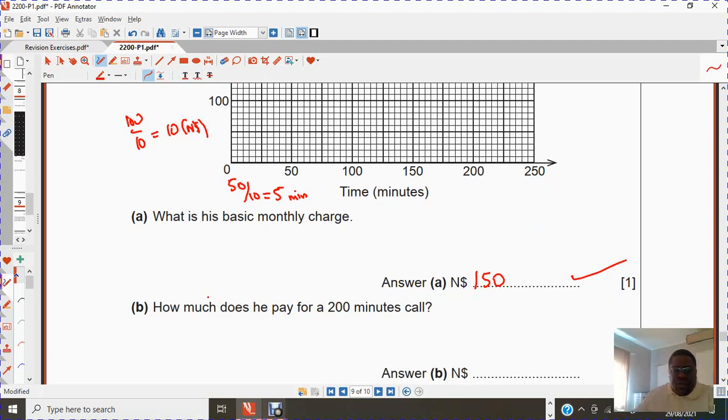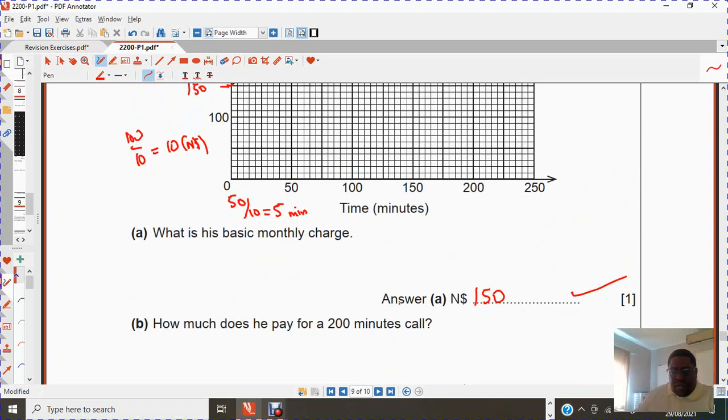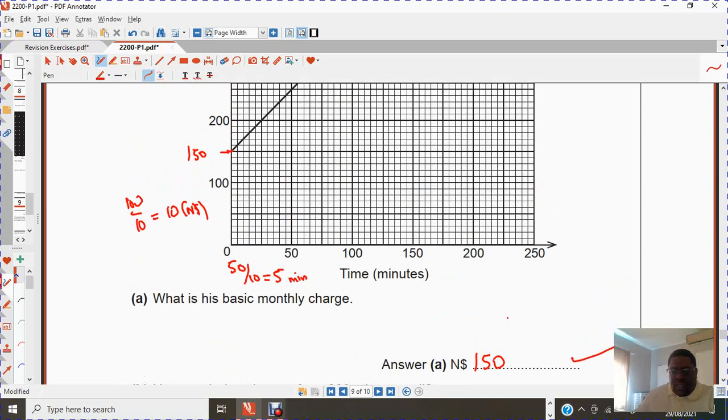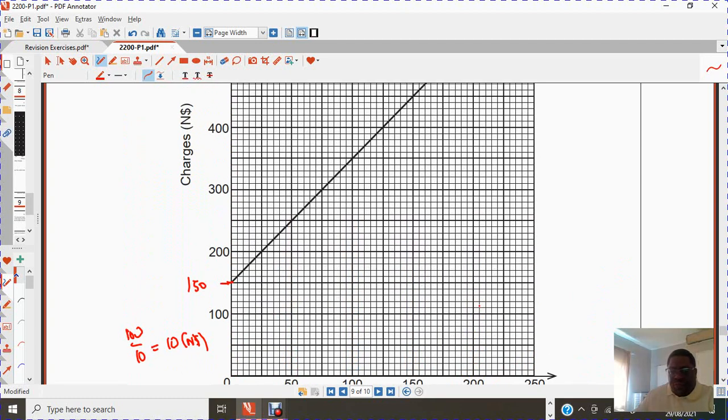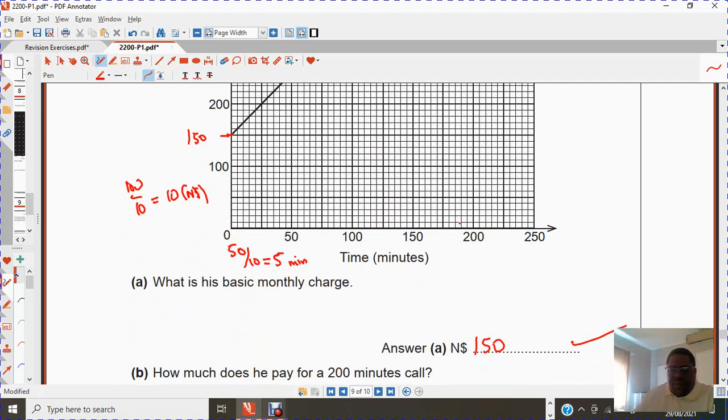Then they say, how much does he pay for 200-minute calls? Okay, for a 200-minute call, you go to 200 and you go all the way up to here. So we want to know how much he pays. Well, this is 550. Okay, so for 200 he pays 550.